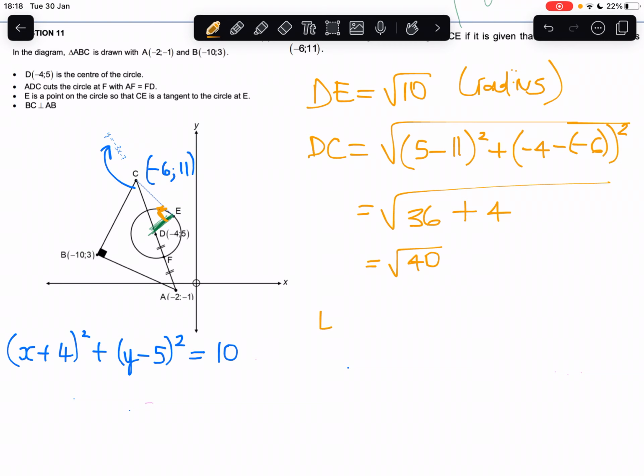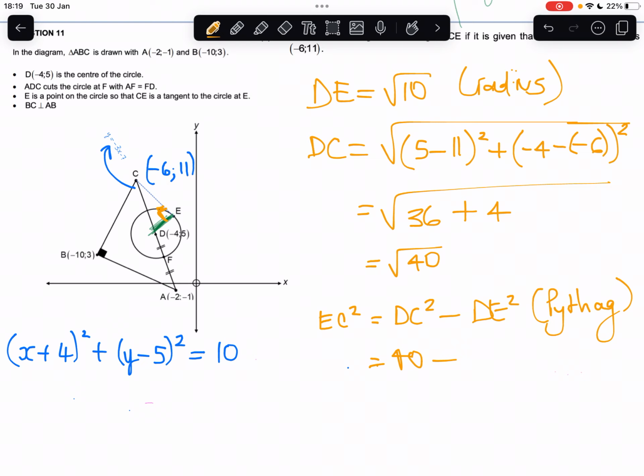So we know that EC squared is going to be equal to the hypotenuse squared, DC squared, minus DE squared. And that's because Pythag said so. We love you, Pythag. So DC squared is that squared, which is just 40.